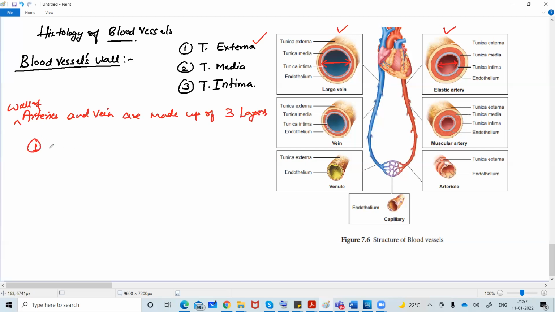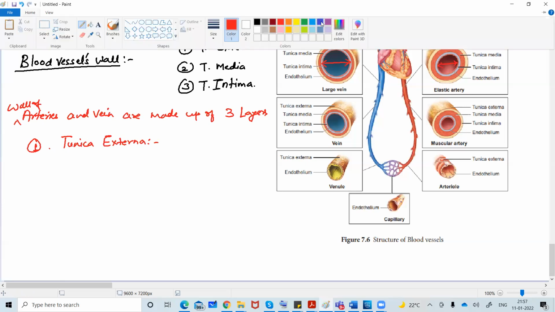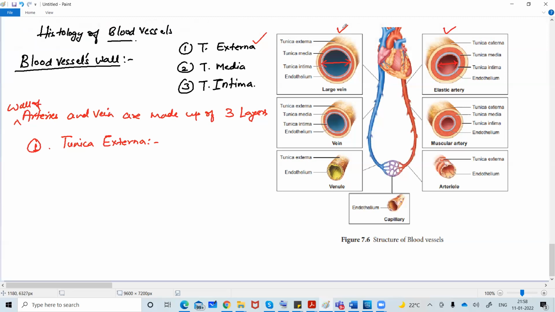First, let's talk about Tunica Externa, means the outer layer. In some books, not in NCERT, in other books, you will find that Tunica Externa is also termed as Tunica adventitia.